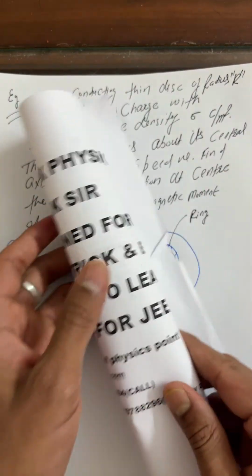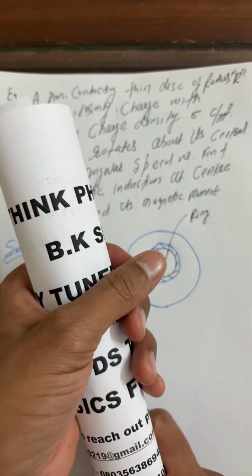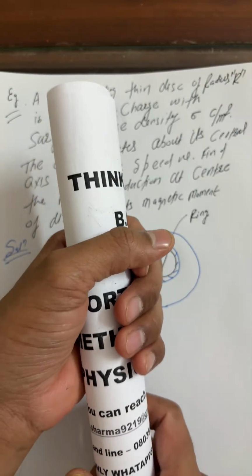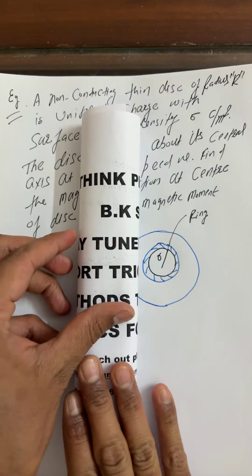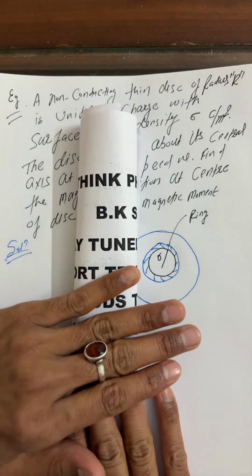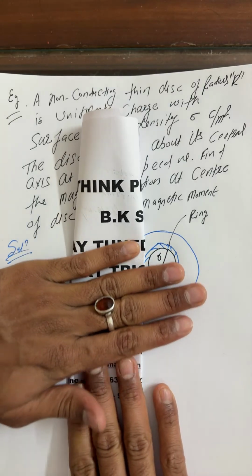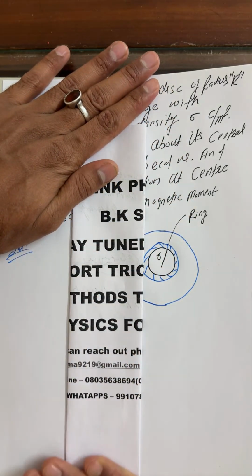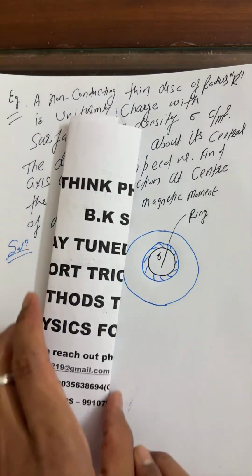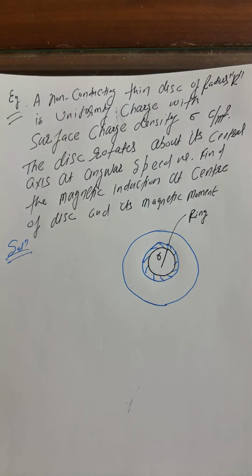If I apply force on this paper, what does it become? You can say a rectangle, right? So we'll go through this.